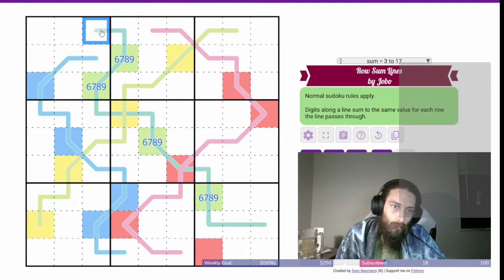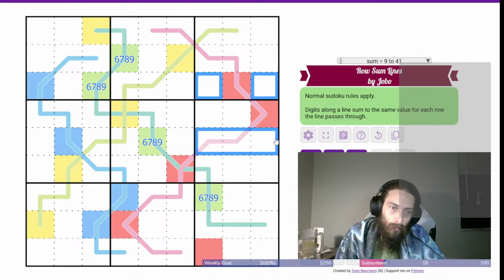And these two yellow force that to be yellow. Now, yellow's one of those two, one of those three, those two.